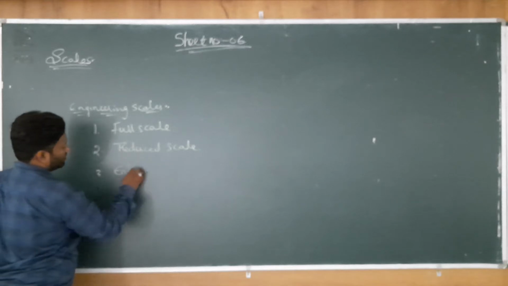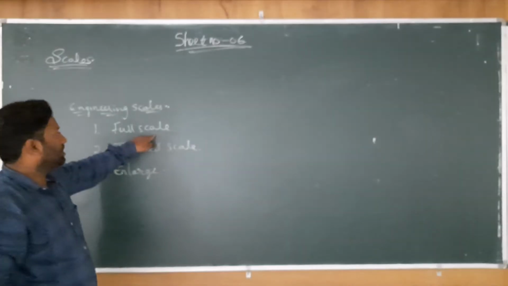So, in that we have three types of engineering scales. Number 1, full scale. Second one, reduced scale. Third one, enlarged scale.